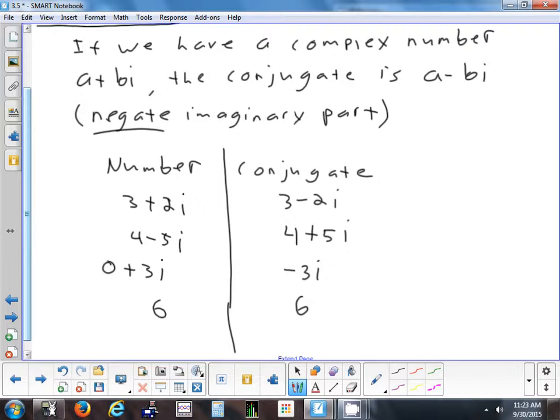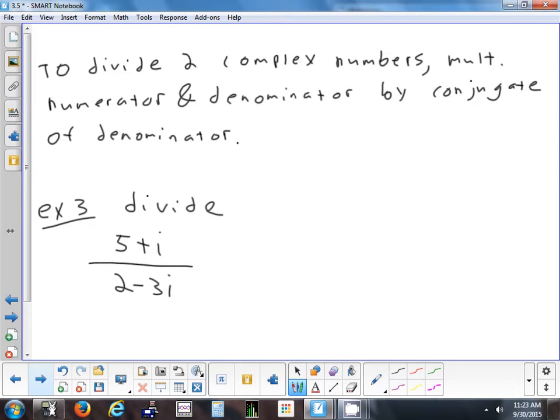All right. So now we'll look at how we can use that conjugate to do division. If you want to divide two complex numbers, what you're really going to do is change it to a multiplication problem. And you multiply the top and the bottom by the conjugate of what's in the bottom.